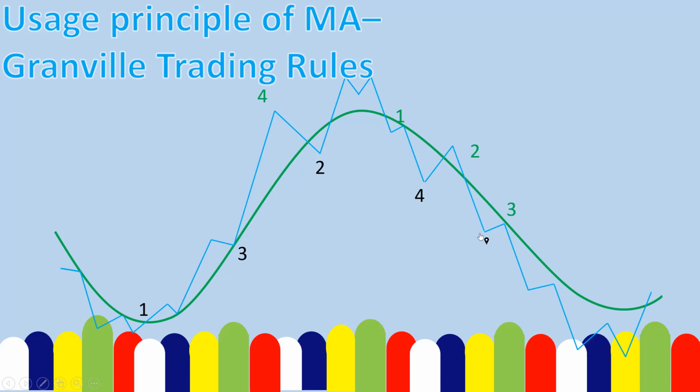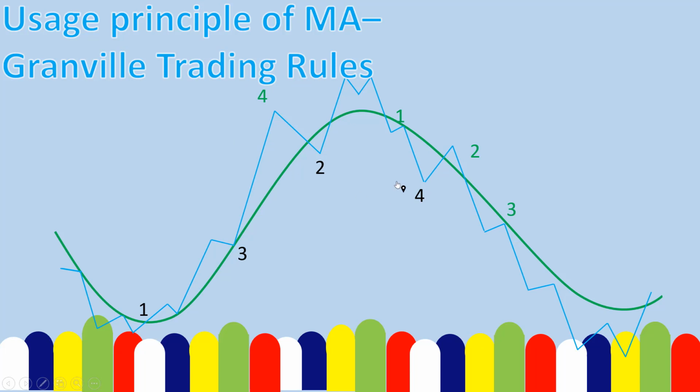Then the third sell point is every time you see the price rebound to the MA, and the direction of the MA still does not change, still downwards. So when the price cannot break out here, you must sell it. So here will be the third sell point. And the fourth sell point is in an uptrend.